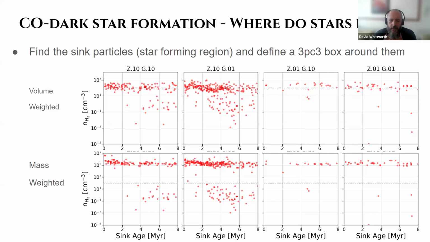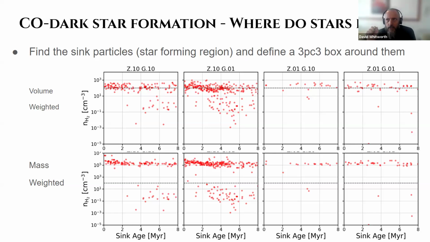and we plot the number density against the age of the sink. And we can see that, yes, these sinks or star-forming regions are existing within dense molecular gas. We do volume weighting and mass weighting because Arepo is a little bit weird, as Shiro probably knows. It's an amorphous grid.